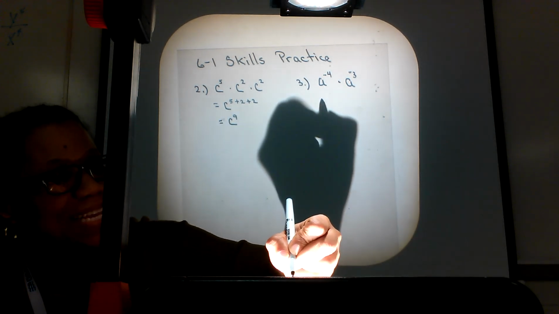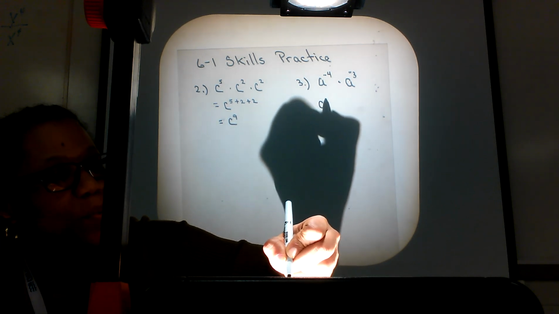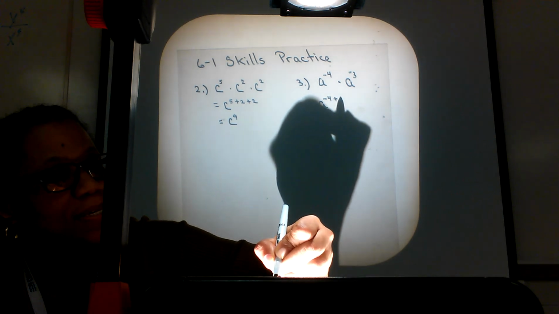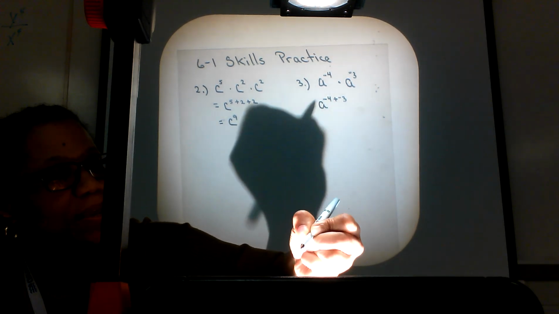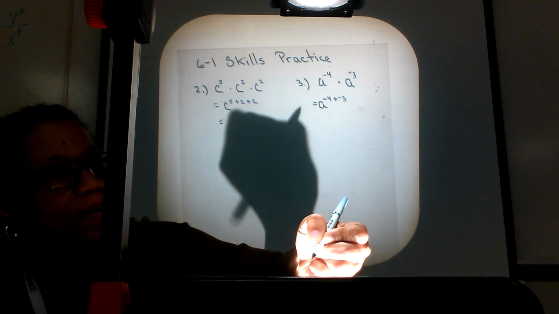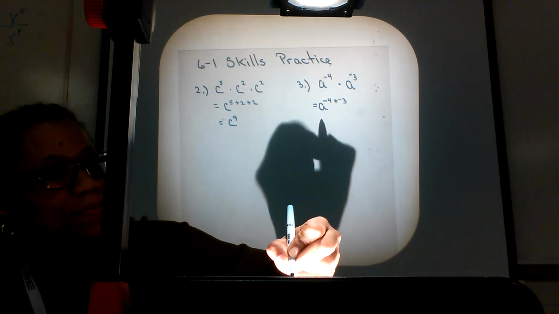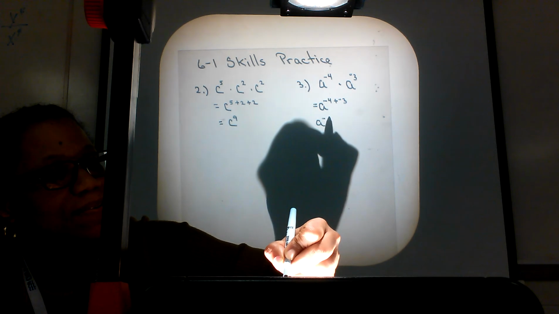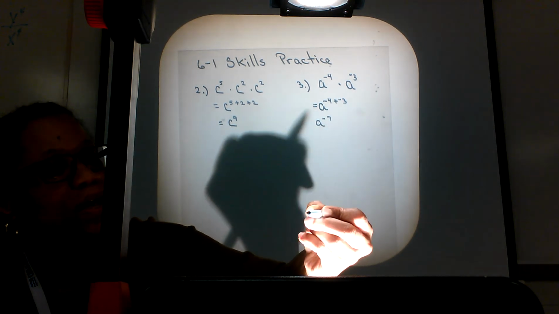So we're going to have a raised to the 4th plus a negative 3. So that's negative 7. It's a to the negative 7th power.